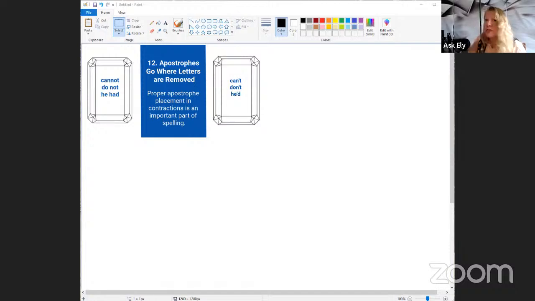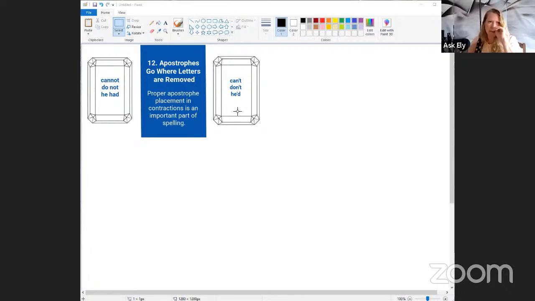So many of my students, when they're writing longhand, try to put a space. They put the apostrophe, space, T. No, there aren't any spaces. It's CAN apostrophe T, no space. So don't put a space. Don't separate it. It's a word. Put it together. Okay, be careful.